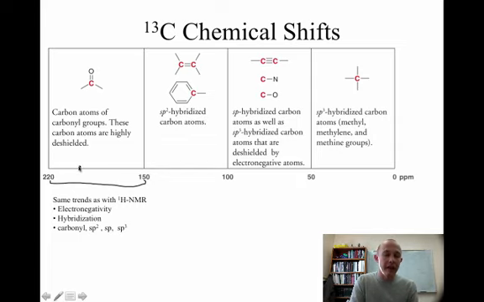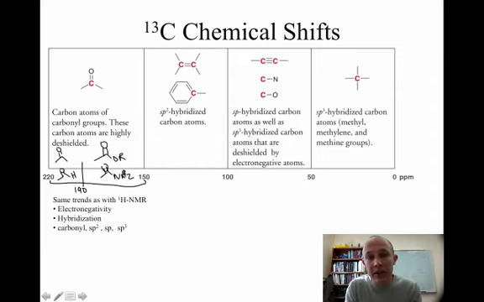We can actually break this down further and say that between about 190 and 220 is where we'll see ketones and aldehydes, and between 190 and 150 is where we'll see things like esters or amides. So if we have a hydrogen or a carbon here, it's going to be further to the left. If we have an oxygen or nitrogen here, it's going to be further to the right.